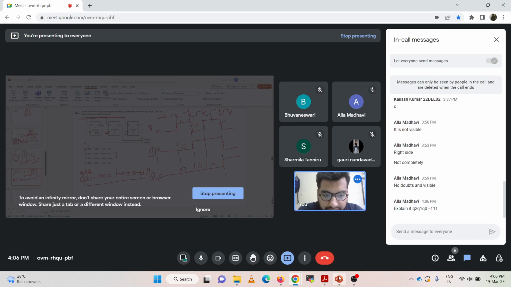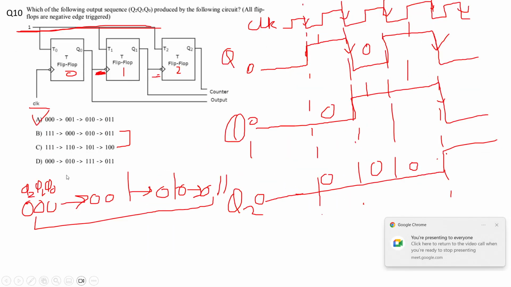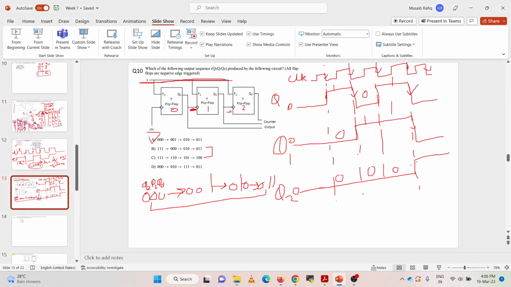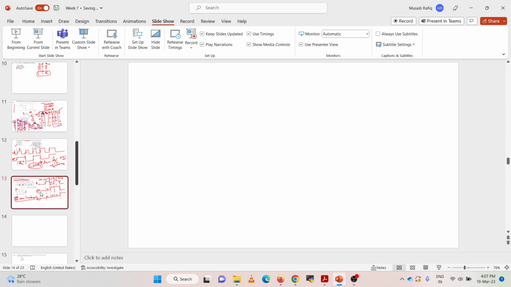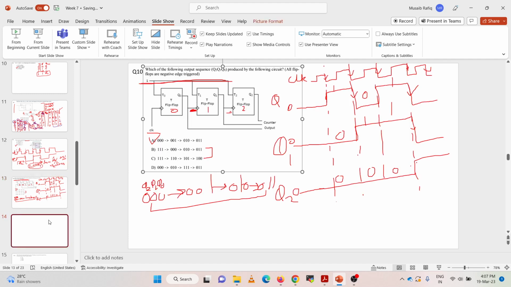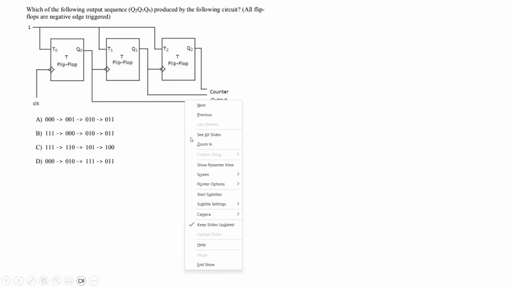Okay, so here I can show it. I can have a new slide for that. New slide, delete, Control C, Control V, current slide.